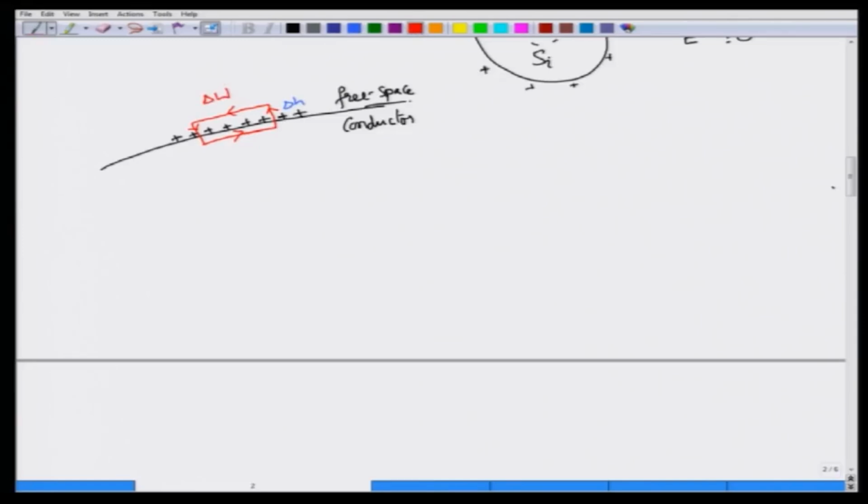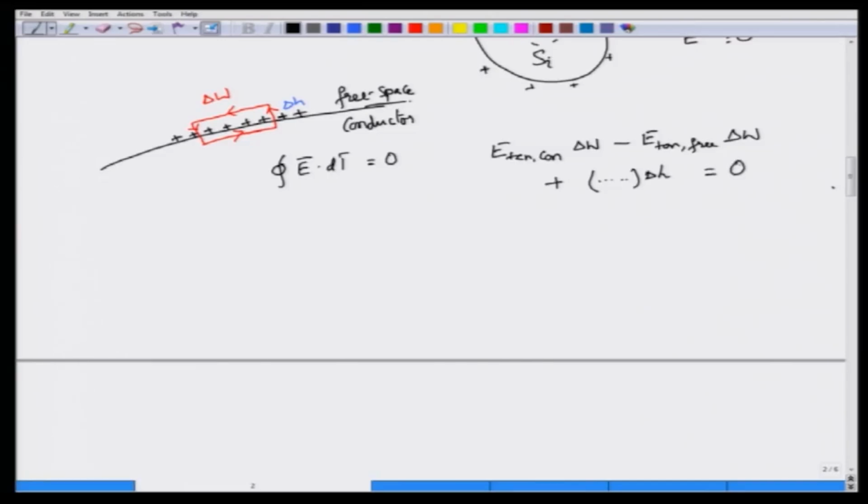Now, apply the line integral of the electric field around this path. What you find is that the integral of E dot dl must be equal to 0. The line integral for this path will be E tangential in the conductor times delta w, minus E tangential outside the conductor, let us call it the free space tangential electric field, times delta w, plus some terms multiplied by delta h, that is the normal components of the electric field multiplied by delta h.